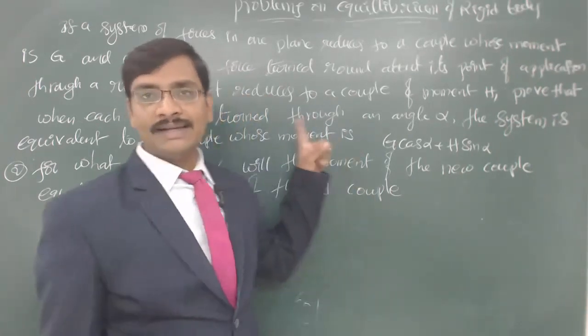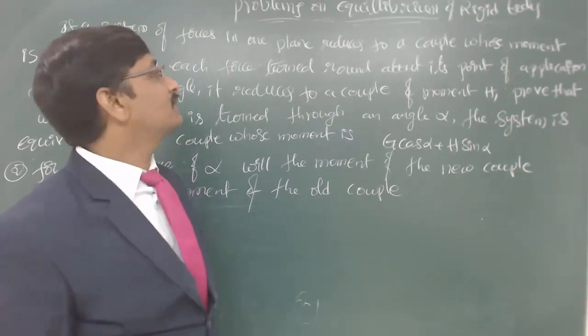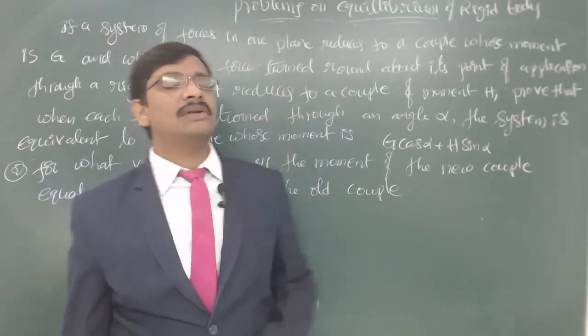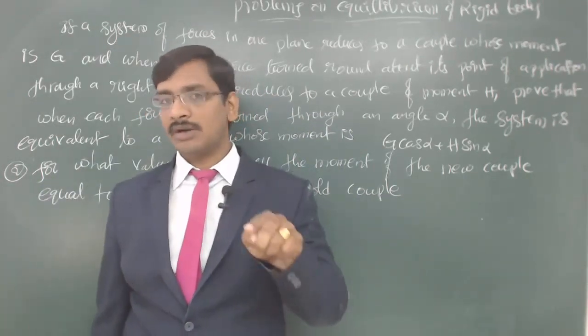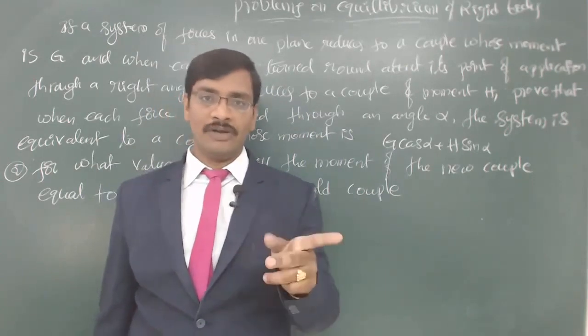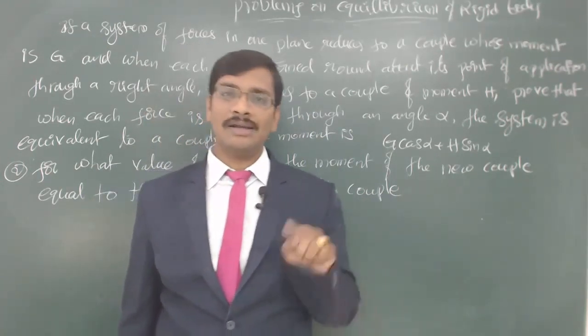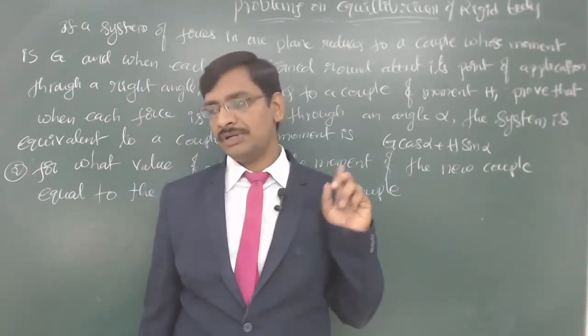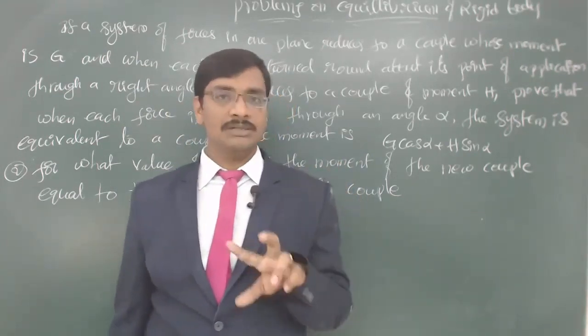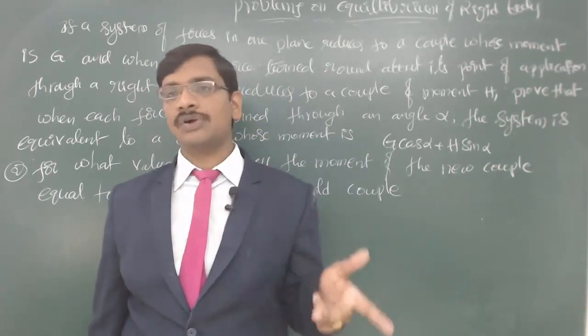And indirectly he has given one more statement: all the forces together result into a single moment called G. That means no effective force, only moment is there. So R equal to 0 was indirectly mentioned here, but G, or M, is not 0.